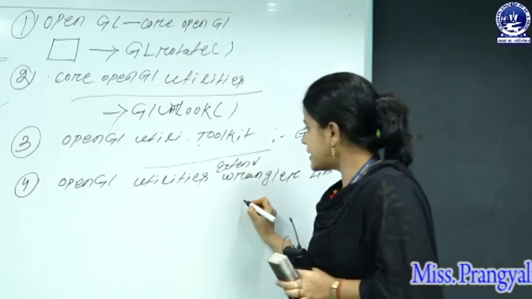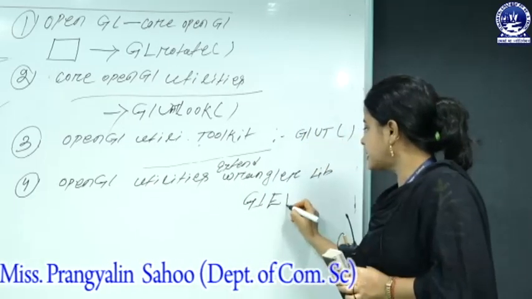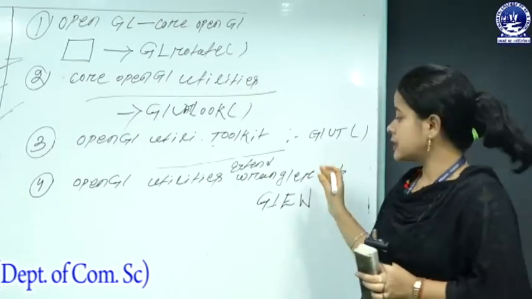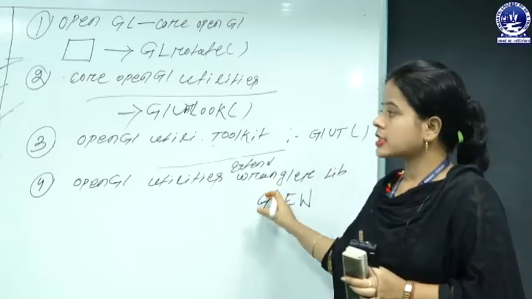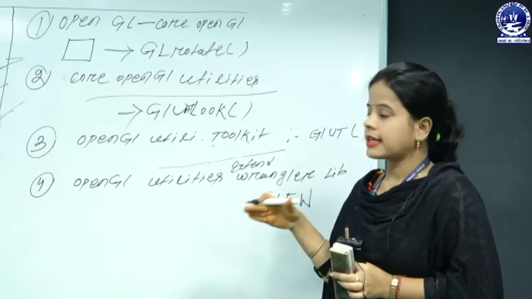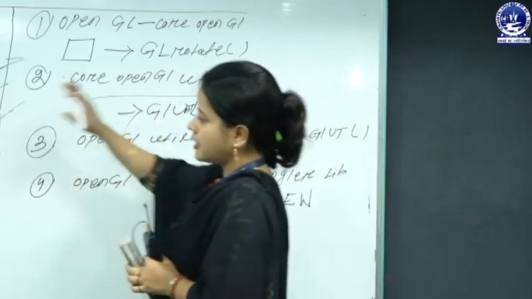That means any functions that use the particular keyword GLEW, in this case the programmer knows that all the functionality is provided for creating any types of new library code. So that's the methods of OpenGL.